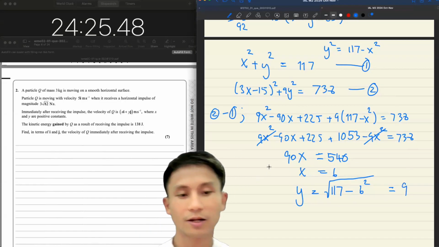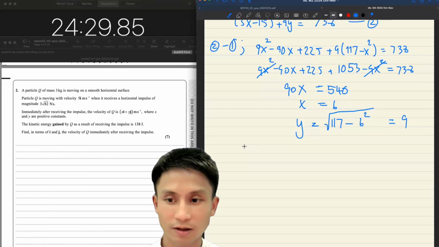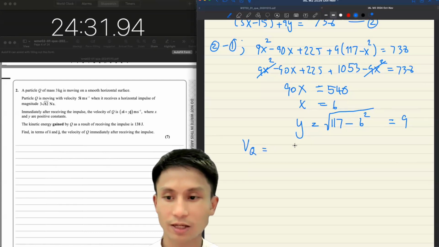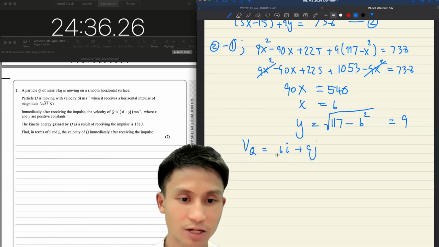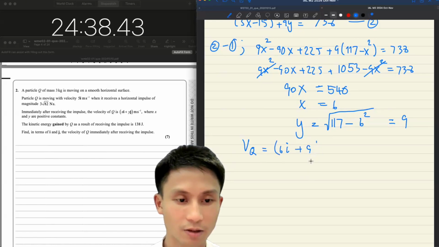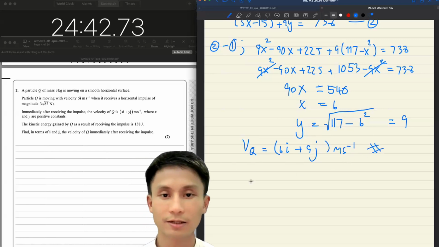That is just 9. So the velocity vector of q is 6i plus 9j meters per second. That's it.